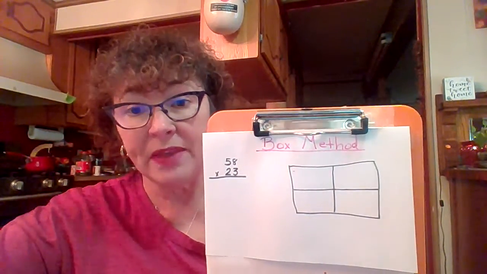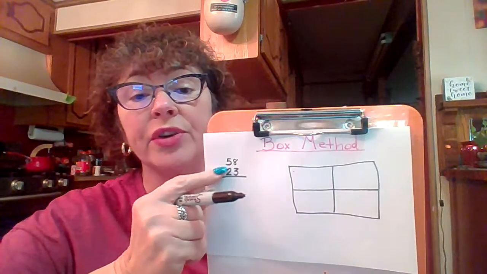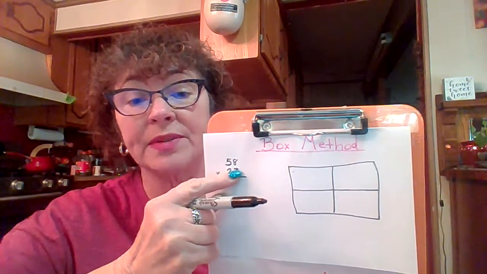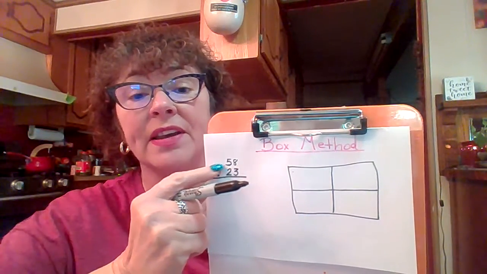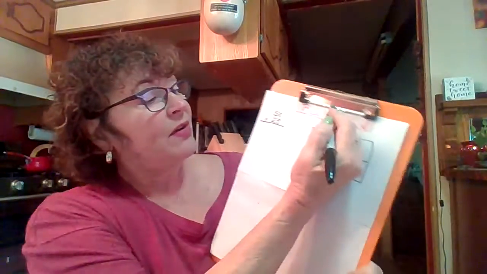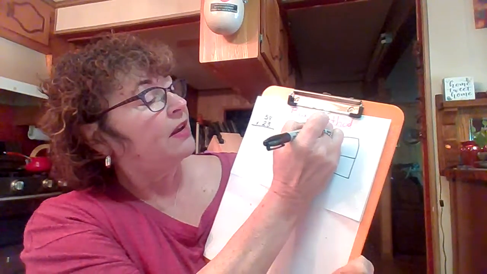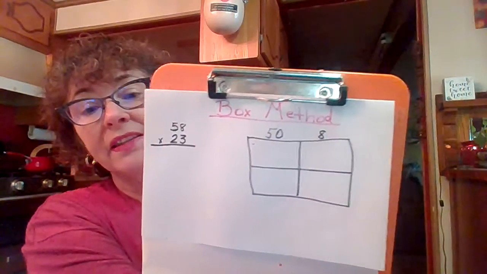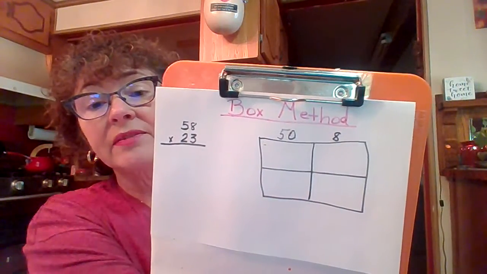So in the box method, what you're going to do is break the top number into its place value amounts, 50 and 8. So I'm going to put the 50 right there and the 8 there. Got it?